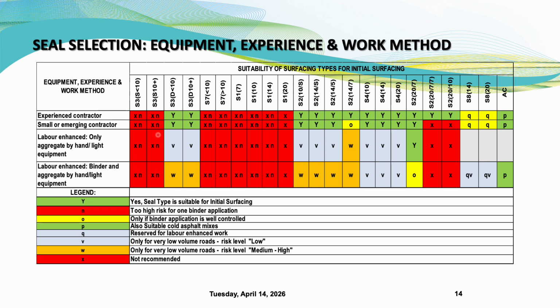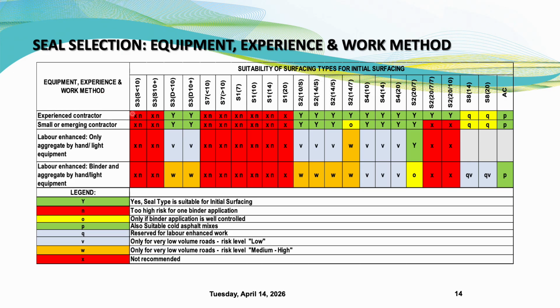But basically all the red areas, as before, mean that seal type cannot be used where the equipment, experience and work method, even with an experienced contractor, do not support it.